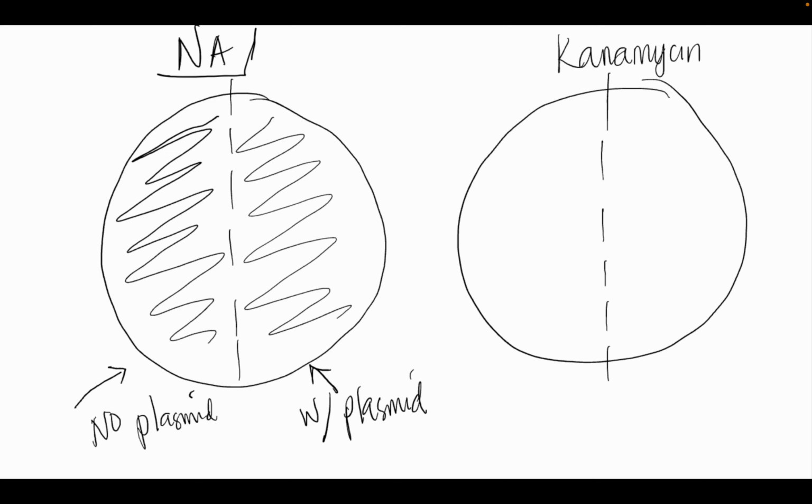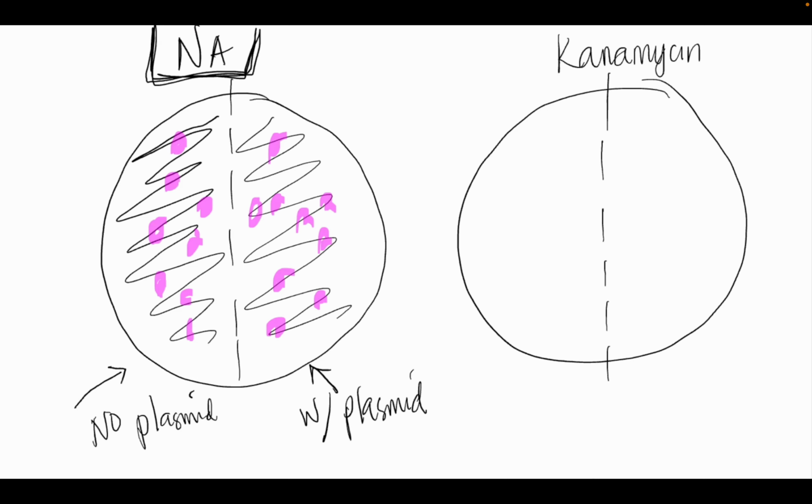Since this is a nutrient agar, class, which of the two sides will grow? Nutrient agar is non-selective. Regardless of the genes of these bacteria, may it be containing plasmid or not, they will still grow. That's why you can see colonies in this area, and colonies also in the area with a plasmid.